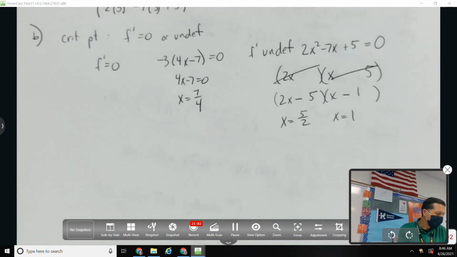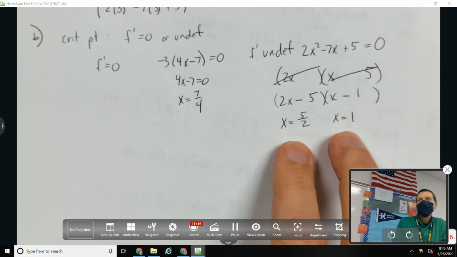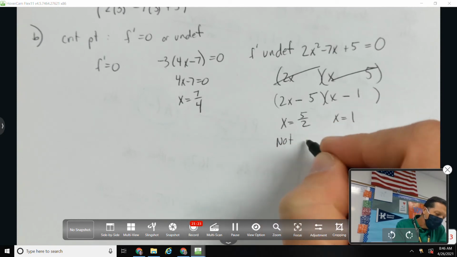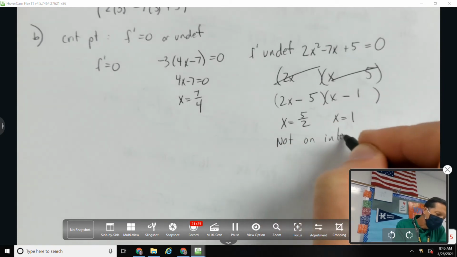Oh, now I see why they put that. Look really carefully at what it says. Find the x-coordinate of each critical point between 1 and 2.5. Are we including 1 and 2.5? We are not including. So that was kind of them. Those are not on the interval.